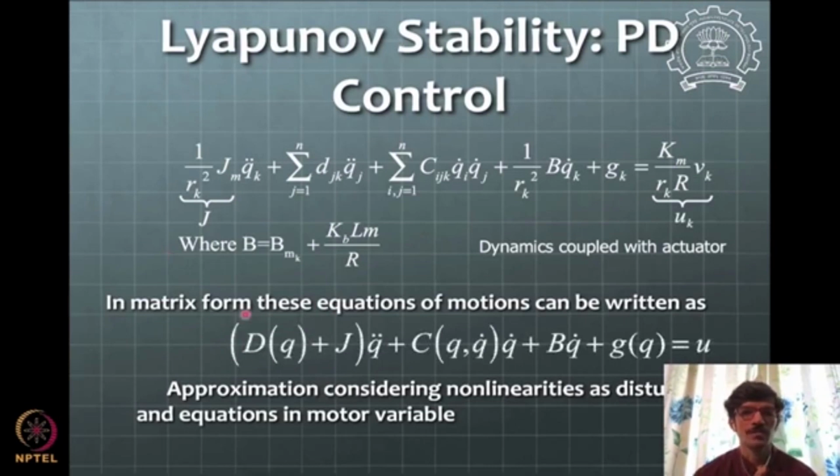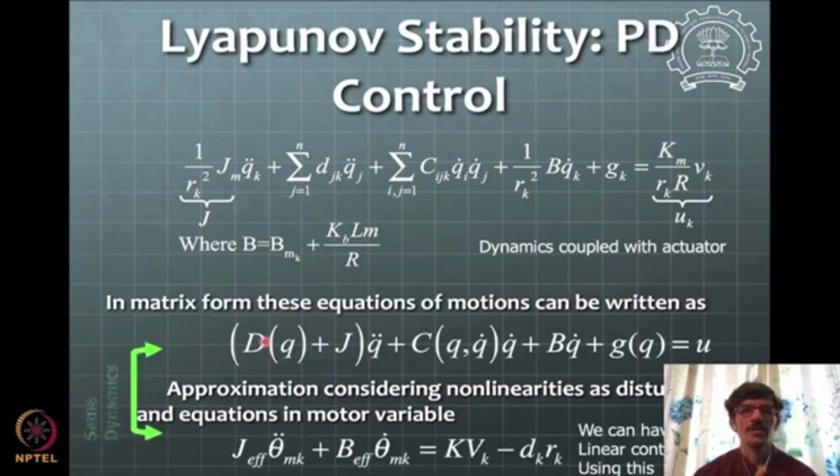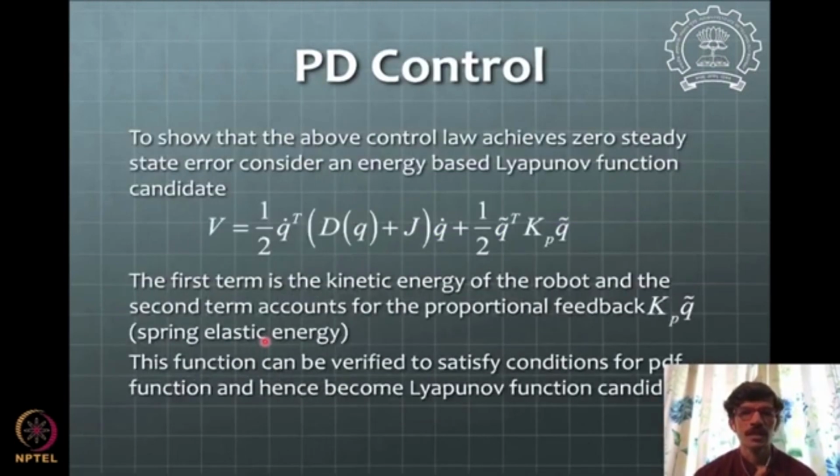So typically the kinetic energy will be given as q dot transpose D q dot. Now we have an additional term coming from the motor inertia also, so q dot transpose (D plus A) q dot will be your kinetic energy. And the potential energy term is similar to the potential energy that we defined for the proportional control, considered as a spring.